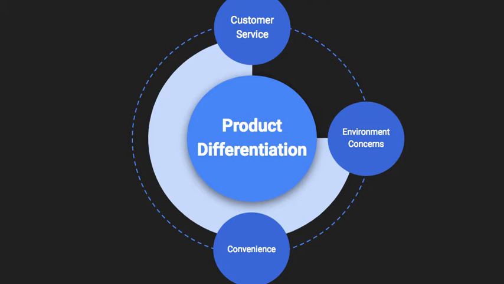So, one way of differentiating is by making it more convenient for your customers. And social and ethical issues. So, not using child labour, making sure that you're paying your workers a fair amount for their labour. And do they also support community groups as well?